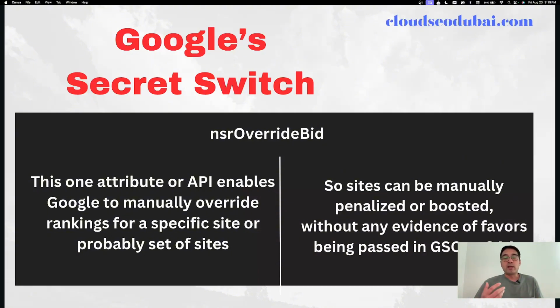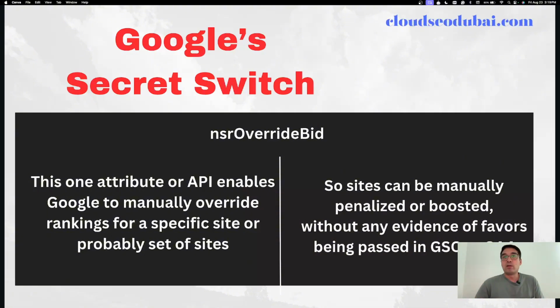And this kind of is sneaky because Google has said that it doesn't really do that, but we know from experience that some sites are artificially boosted by Google or probably some other entity. But this API in and of itself is clear proof that Google wants to have the ability to override SERPs for certain sites. Now, it could be to boost sites, it could be to reboost them, it could be to even remove them off SERPs, a lot like a shadow ban.